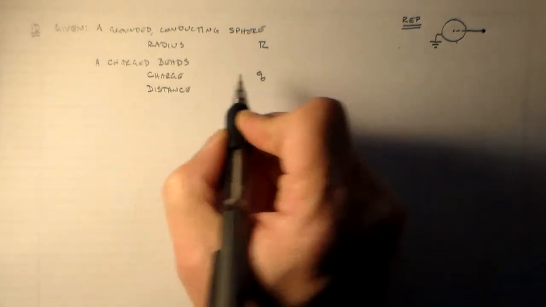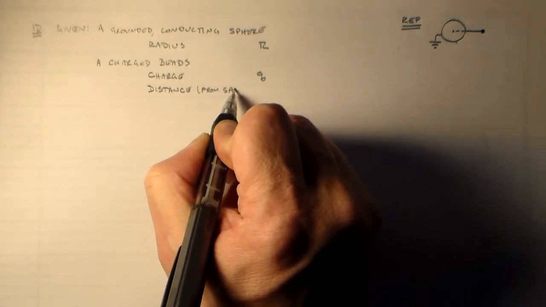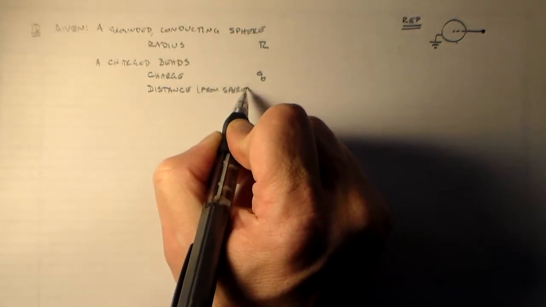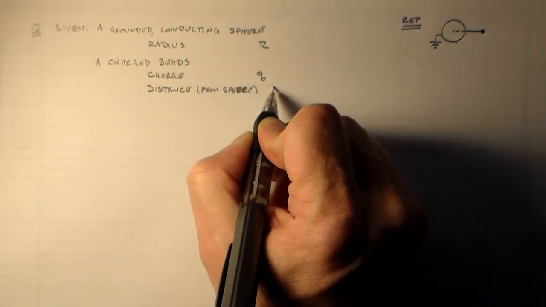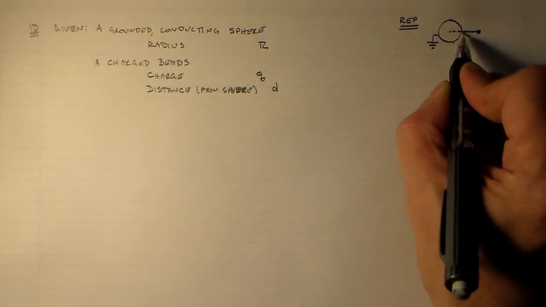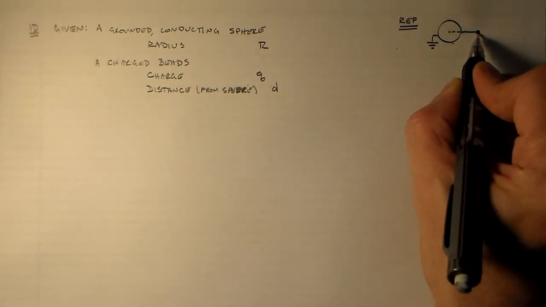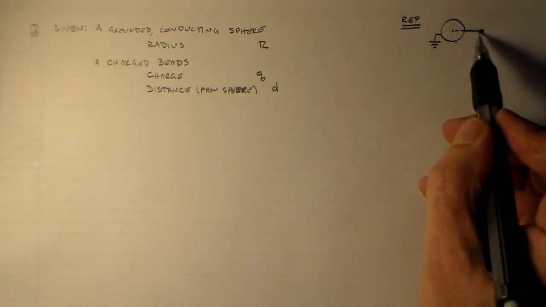Now, what does a distance from an object mean? It means the closest distance between the object and the point, or the closest points on two objects.